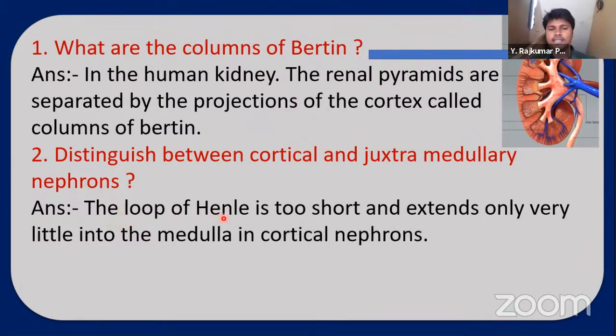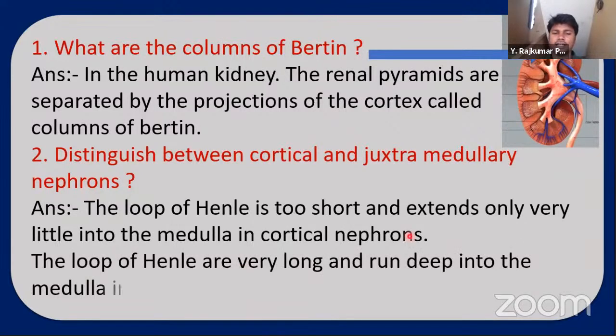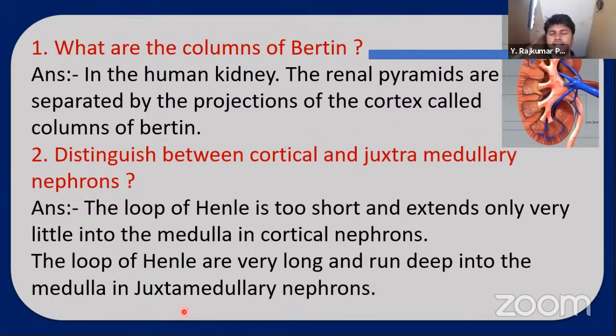The loop of Henle is very short and extends only very little into the medulla in cortical nephrons, whereas the loops of Henle are very long and run deep into the medulla in juxtamedullary nephrons. So it's all about the length of the loop of Henle.